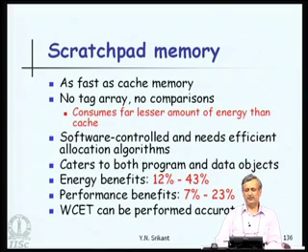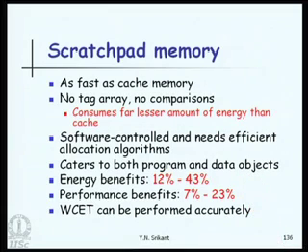So, scratch pad memory is more like a register set. It is very fast, it is as fast as cache memory, but it does not have any tag array. So, there are no comparisons and it consumes a lesser amount of energy than cache. That is very obvious because there is no extra hardware.